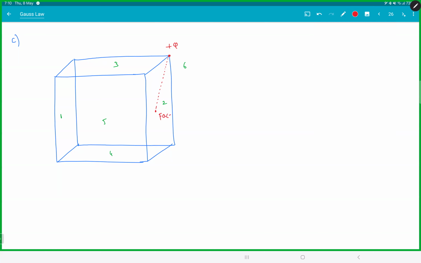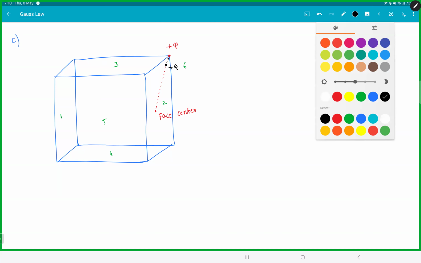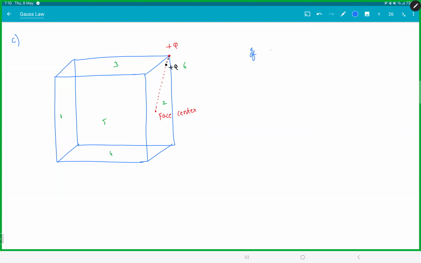So this is the face center. You pushed this charge from here to here, a very small distance, towards the face center. Now find the flux on each face.